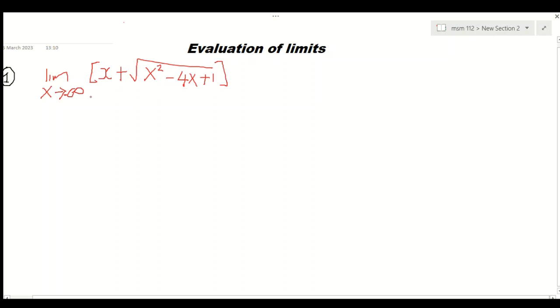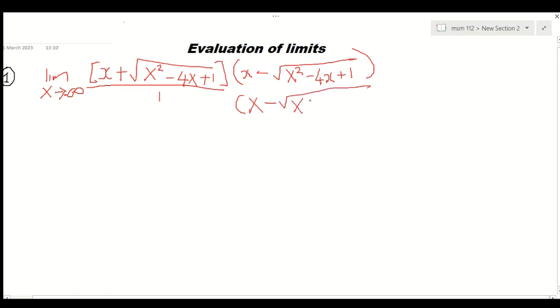Here you don't know the number to replace in this. So firstly, you have to multiply this by the conjugate. This is the same as over 1. Multiplying by the conjugate will be x minus the root of x squared minus 4x plus 1, and down here you multiply with the conjugate too.